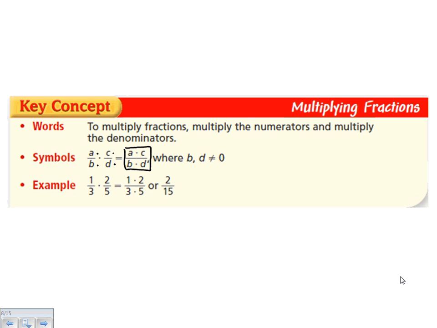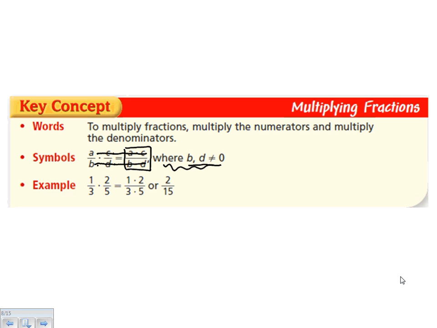As you can see, I multiply the numerators straight across, and then I multiply the denominators straight across. It also makes a note where b and d cannot equal 0. That's just saying that you can't have a 0 in the denominator, because then you get an undefined number, and that's not good. So we just want to make sure that our denominator is not 0. That's all that fancy stuff means.